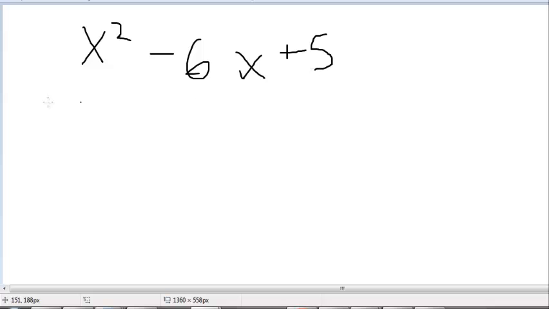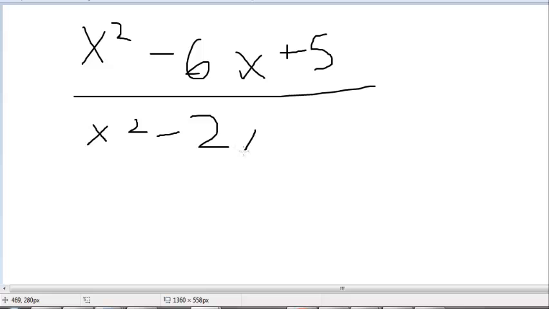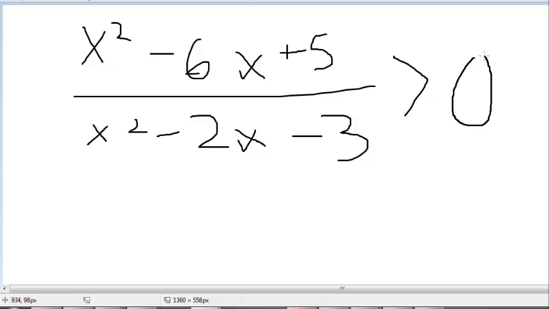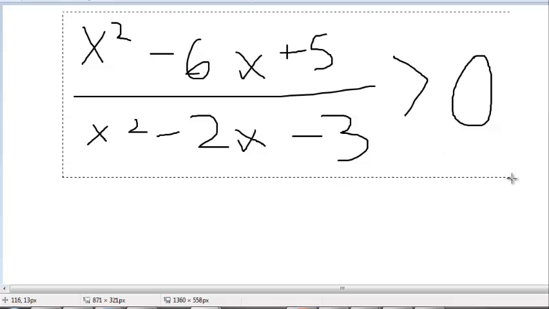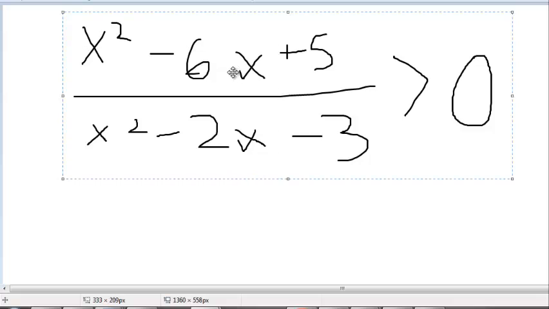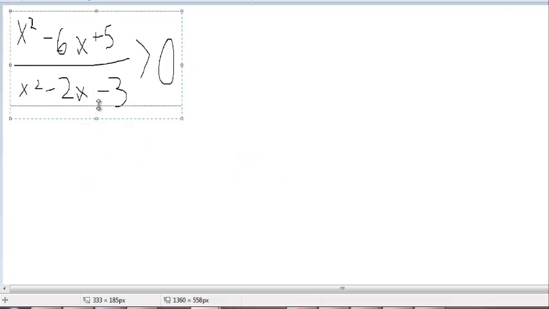Next, we're going to determine where our equation, x squared minus 6x plus 5 over x squared minus 2x minus 3, is greater than 0 and when it's less than 0. This will help us also in visualizing the graph and understanding it.